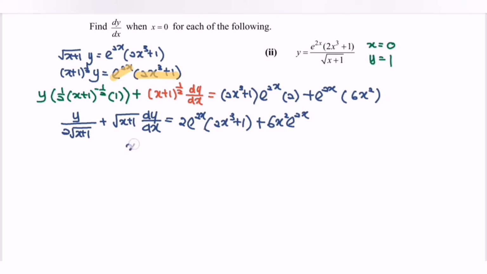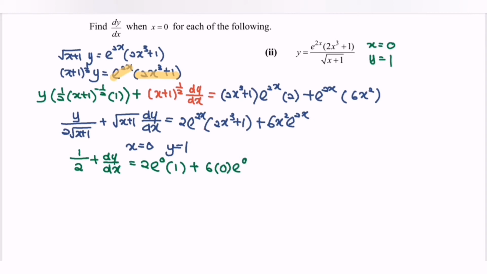Substitute the values x equals 0 and y equals 1 in order to determine the first derivative. So we will have 1 over 2 plus dy/dx equals 2e to the power of 0 (1) plus 6 multiplied with 0 e to the power of 0.